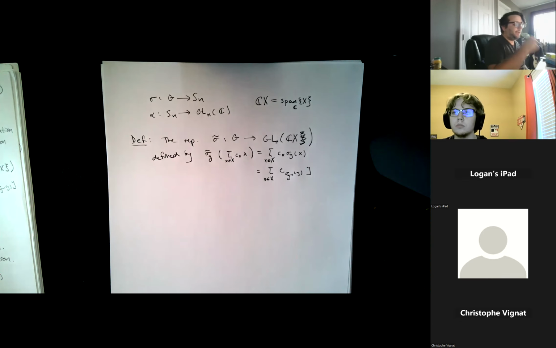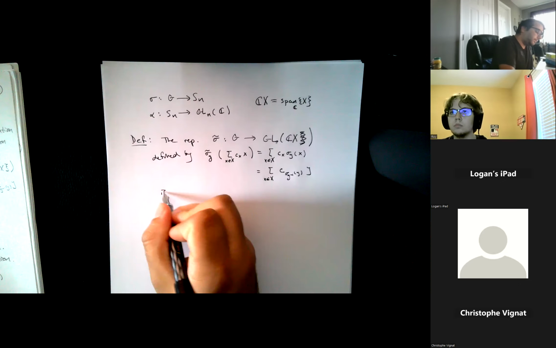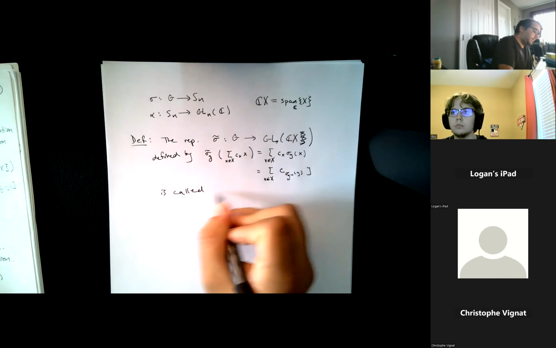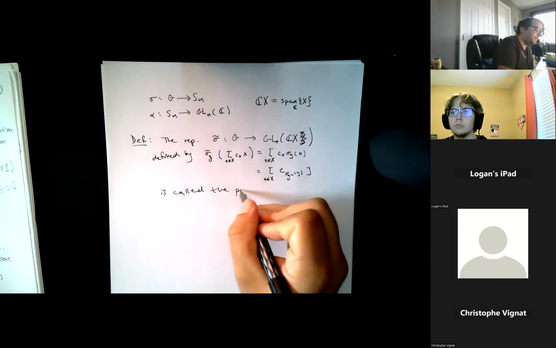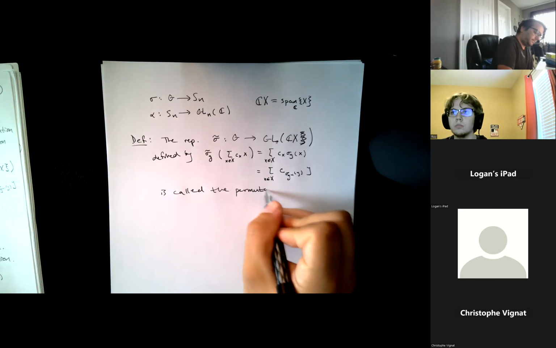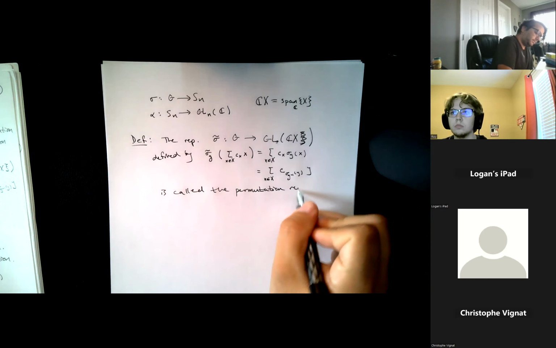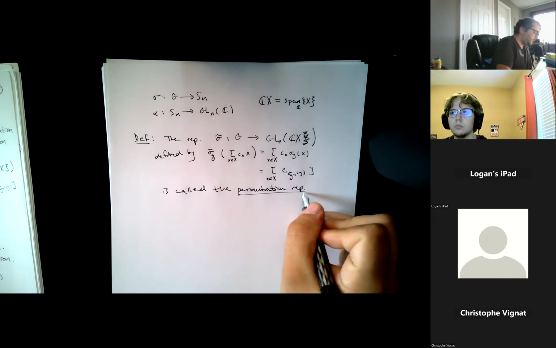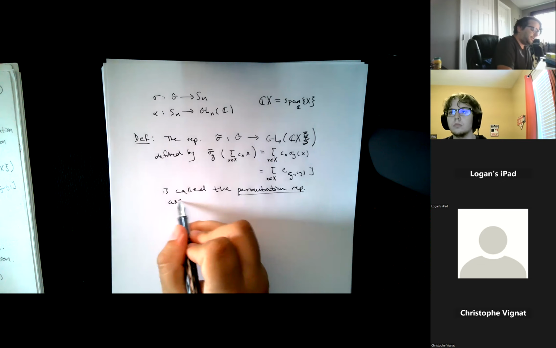So you do this by doing a substitution. Okay, so this is called the permutation representation associated to sigma.